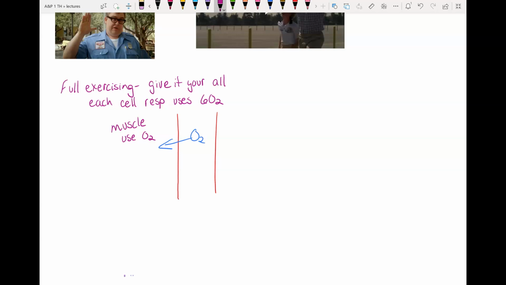And on the other side, your lungs and your heart are putting oxygen in. When you exercise as hard as you can, it's not equal. You don't have an in equals out situation.